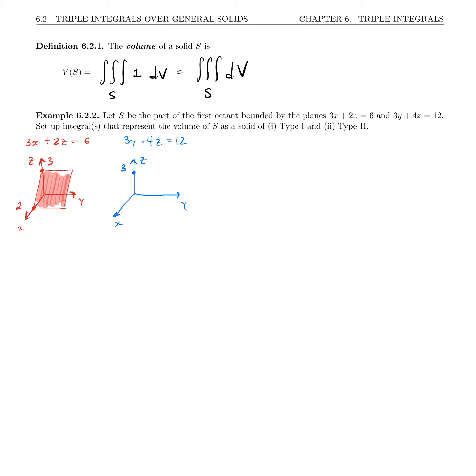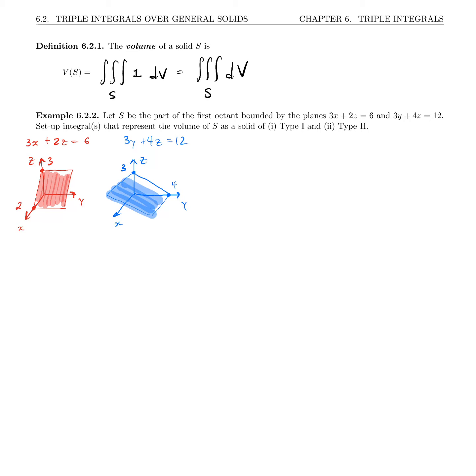So that gives us a little hint that maybe the planes are going to meet at that point. And if z is 0, then y is 4. There is no x in this equation, so the plane is parallel to the x-axis.